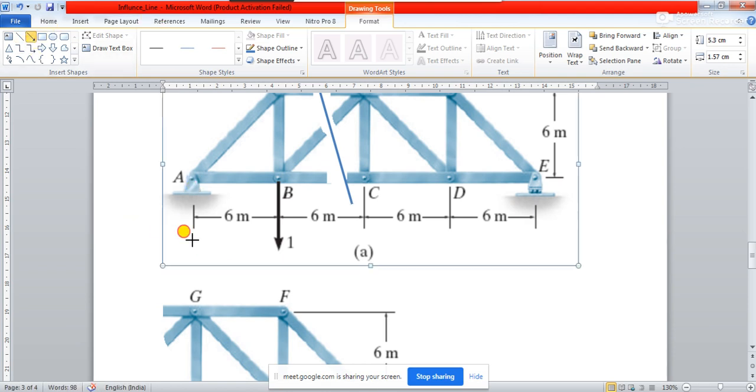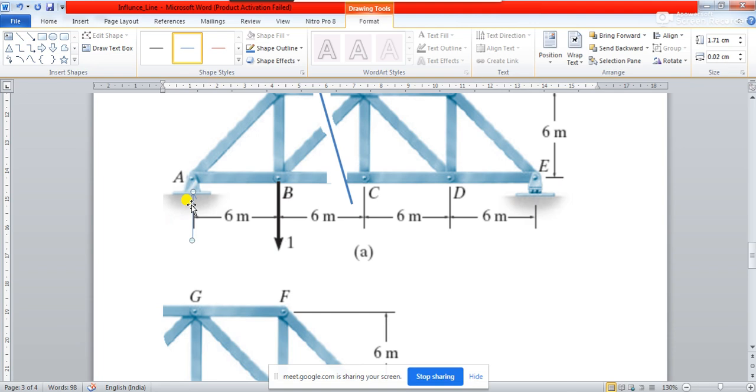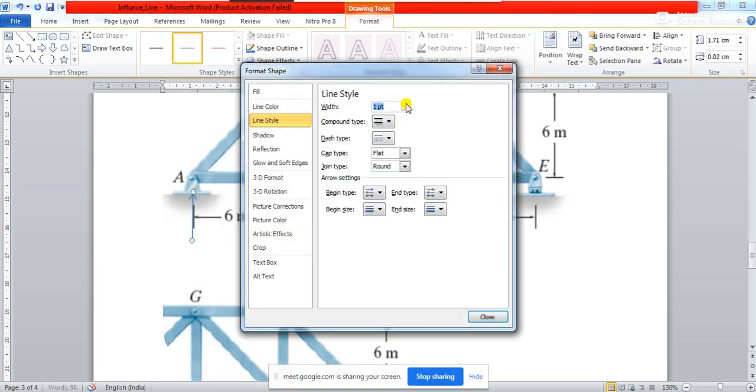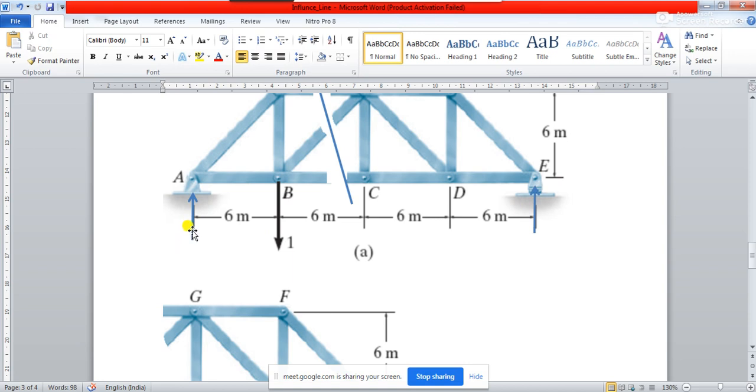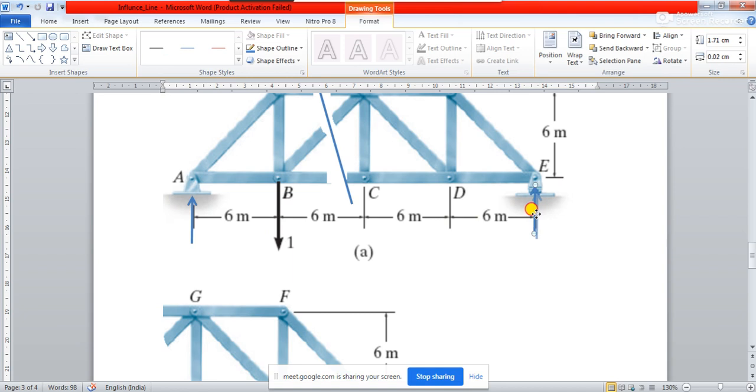See, in case of A, you will be getting a vertical force something like this. So there will be a vertical force at joint A, and there will be a vertical force at joint E. So there will be two reactions. This is your RA and this is your RE, isn't it? So there will be two reactional forces.